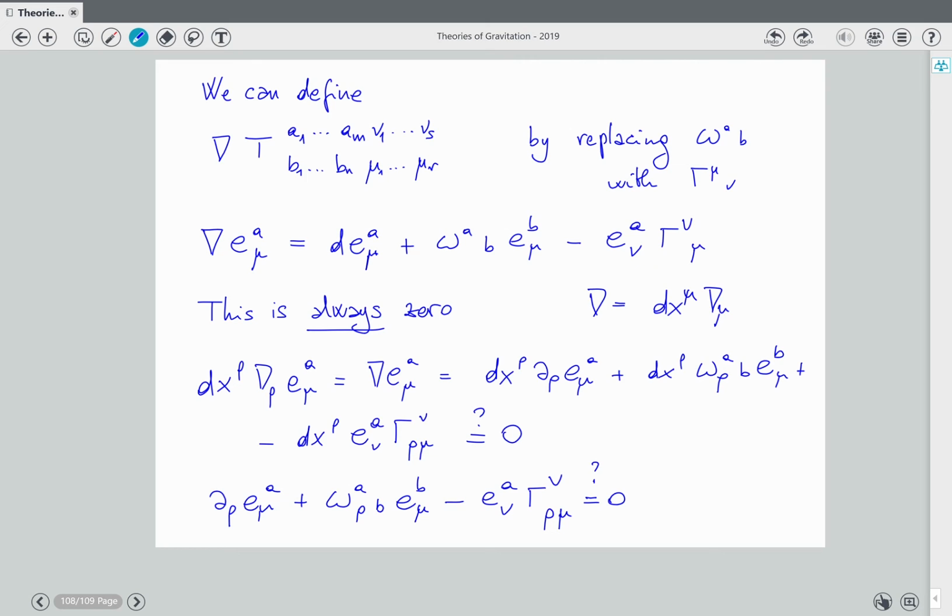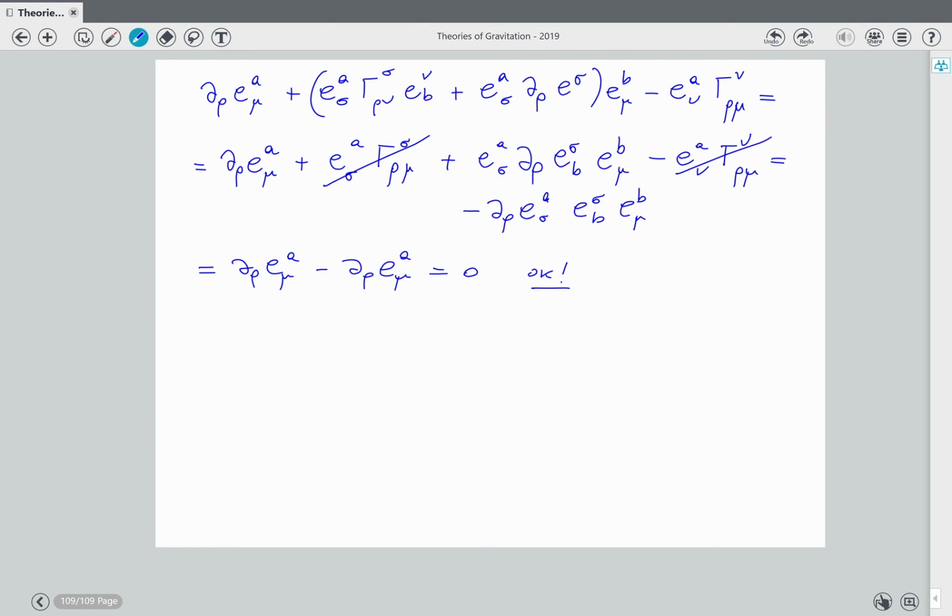Now that we have defined this kind of covariant derivative with all sorts of indices, we can use it. And for example, we can consider the covariant derivative of the metric itself.